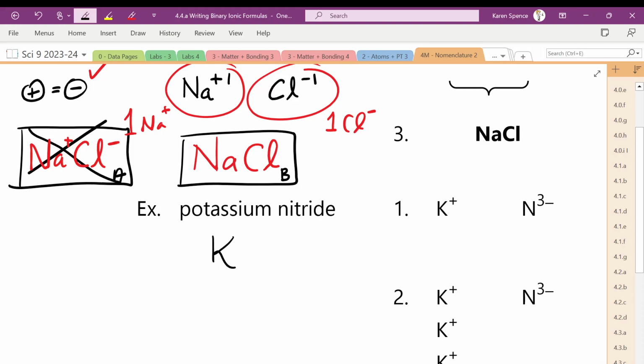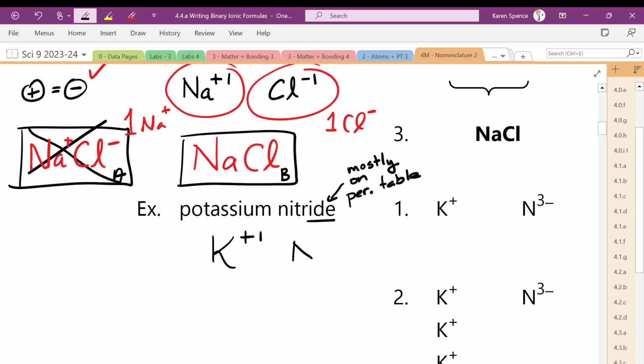Okay. What's the charge of potassium? Potassium is positive. And when it just says positive, how much positive is that? Positive 1. What is the charge of nitride? Remember, "ide" tells us it's on the periodic table most of the time, mostly.